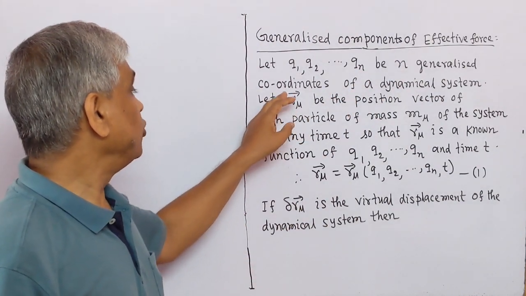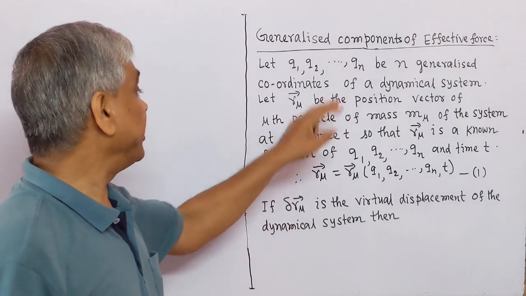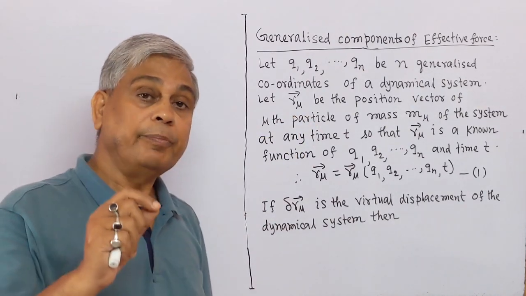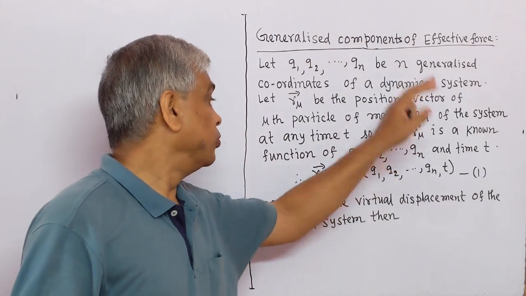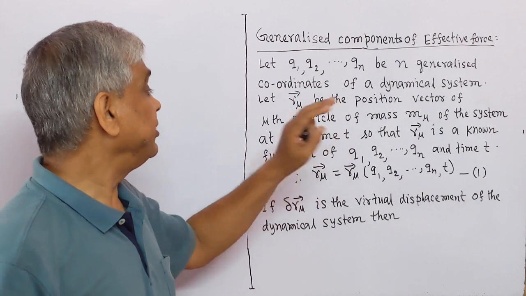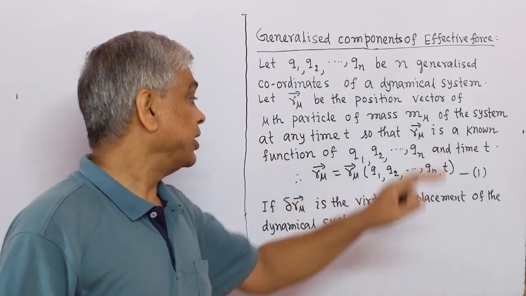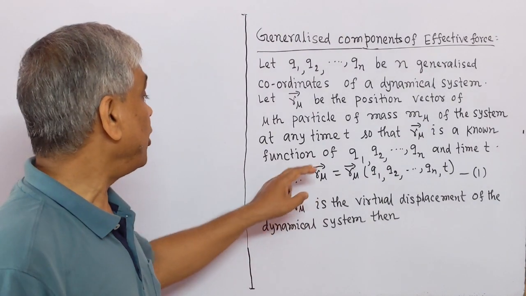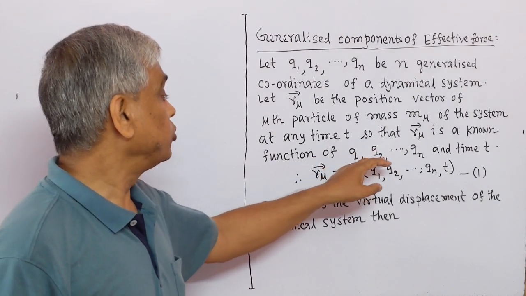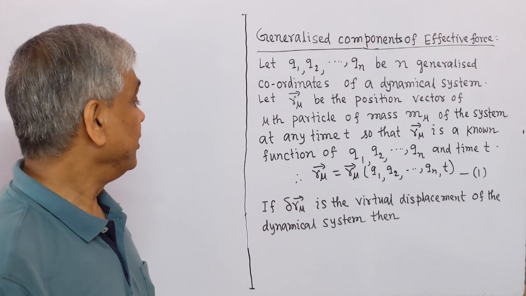Let r mu vector be the position vector of the muth particle of mass m mu of the system at any time t, so that vector r mu is a known function of q1, q2, ..., qn and time t.